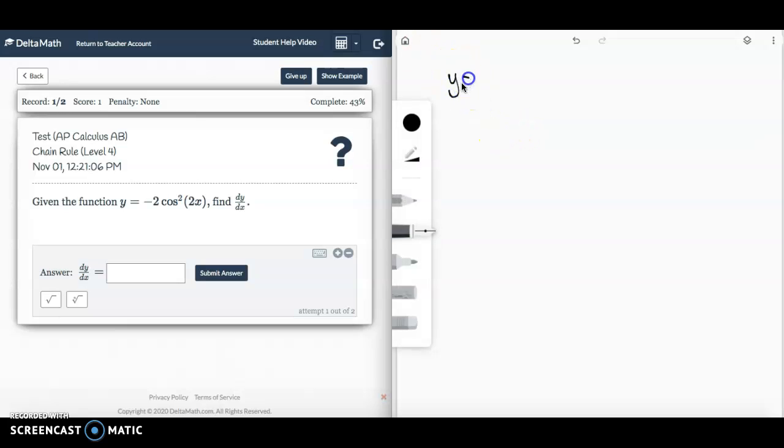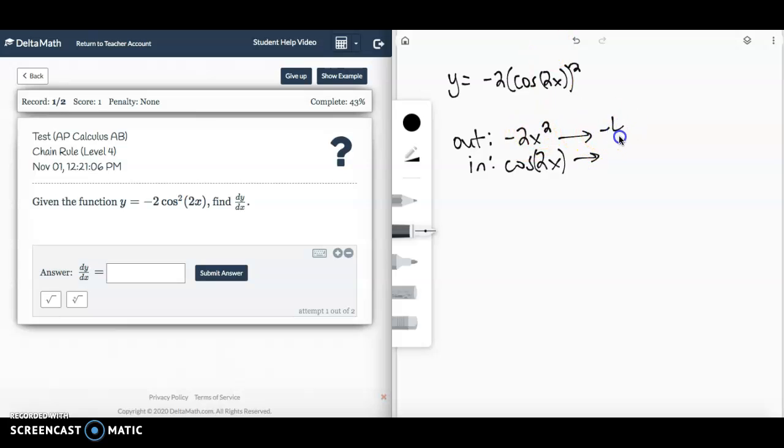Another way to rewrite this is negative 2 times cosine of 2x, squared. So what really is my very outside function? My very outside function is negative 2x squared. Then my inner function is cosine of 2x. Derivative of negative 2x squared is negative 4x.